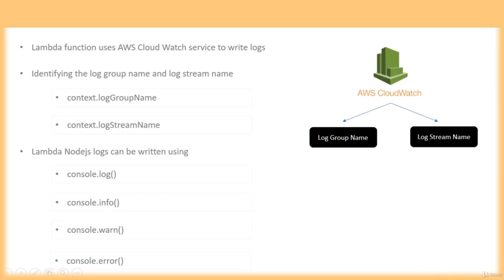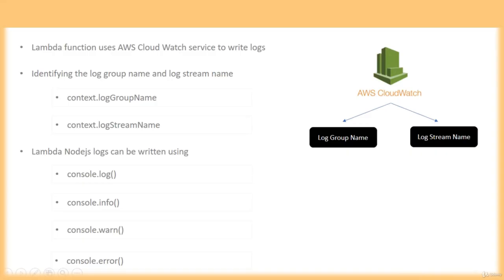There could be various streams based on different Lambda functions or based on time constraints, and a group is the combined form of that. We can obviously create multiple groups and multiple streams.